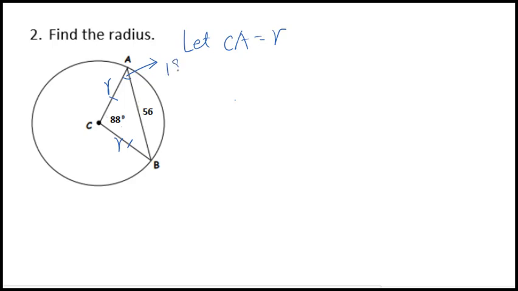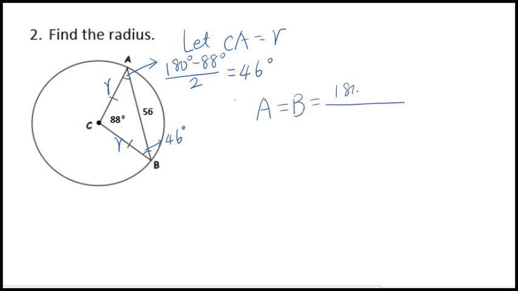You will use 180 degrees minus 88 degrees, then over 2. You will get 46 degrees. So this angle is also 46 degrees. Write down like this: angle A equals angle B equals 180 degrees minus 88 degrees over 2, get 46 degrees.